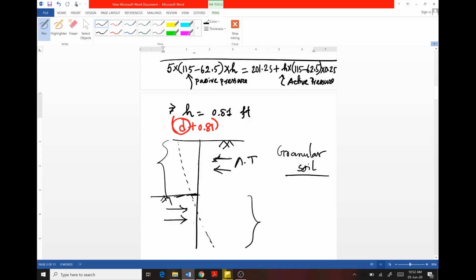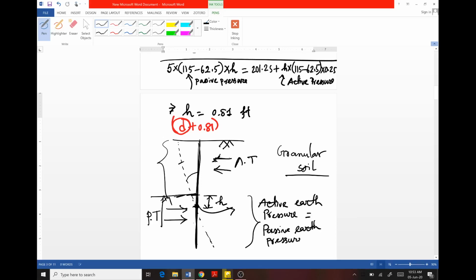Active thrust tries to move the cantilever sheet pile away from its position, and passive thrust from this region tries to move it back towards its initial position. So at this point, somewhere in this region, let's take this height as H. Here active earth pressure is equal to passive earth pressure.